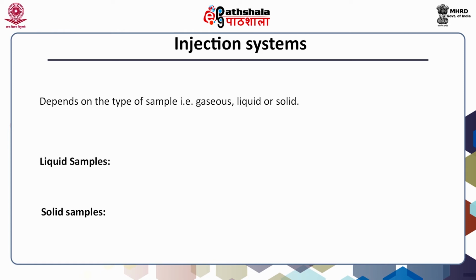The requirement of GLC is that the sample should be injected immediately, converted into the gaseous state before entering the column, or in other words, a suitable amount of sample should be injected as a plug of vapors. Therefore, for liquid and solid samples, differently designed injection systems are used.